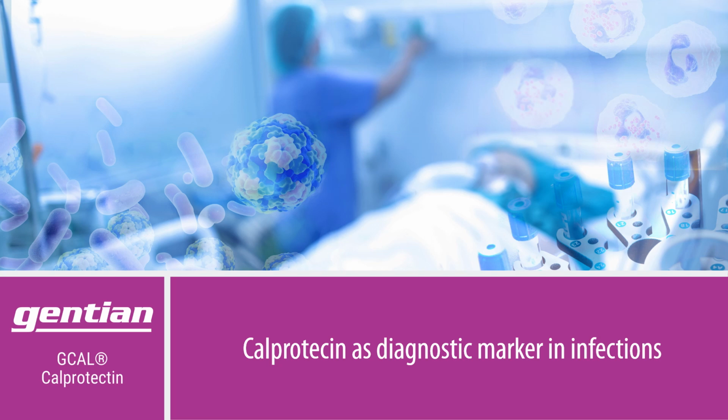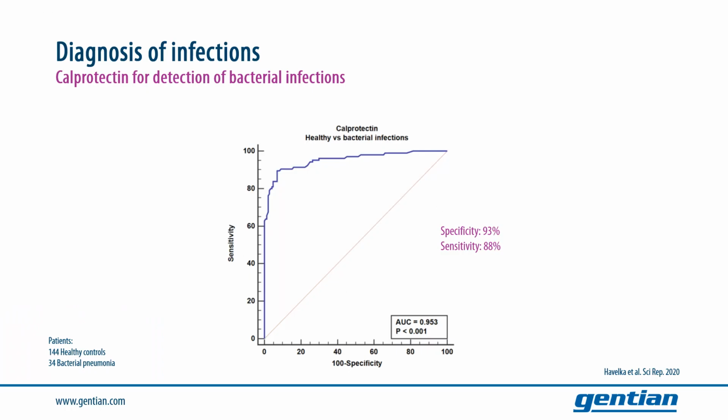So let us now take a look at some results published regarding calprotectin as a biomarker in the diagnosis of bacterial infections. First of all, calprotectin has been shown to be a reliable biomarker for diagnosis of bacterial infections, reported in this study using the Gentian GCAL assay. Since calprotectin levels rise in response to bacterial infections, increased levels show a clear distinction toward a healthy control group.